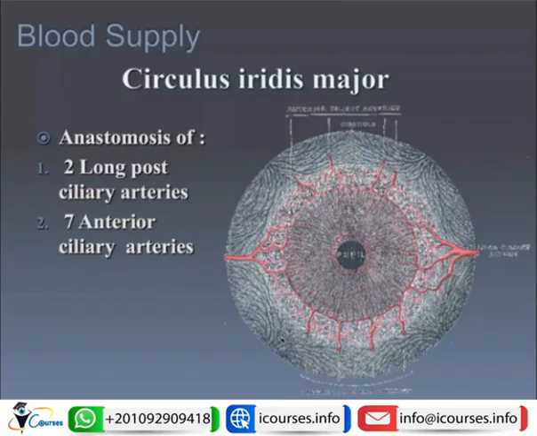And since we have a superior rectus, inferior rectus, medial rectus, and lateral rectus, we should have 8 anterior ciliary arteries. But the fact is that we have only 7, because we have one muscle that has only one artery, and this is the lateral rectus, and this is very commonly asked in the exam. So there are 2 ciliary arteries for every rectus muscle except for the lateral rectus.